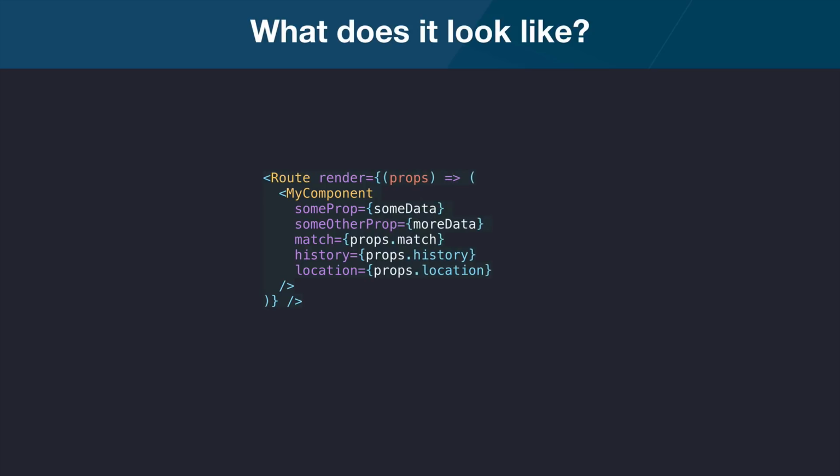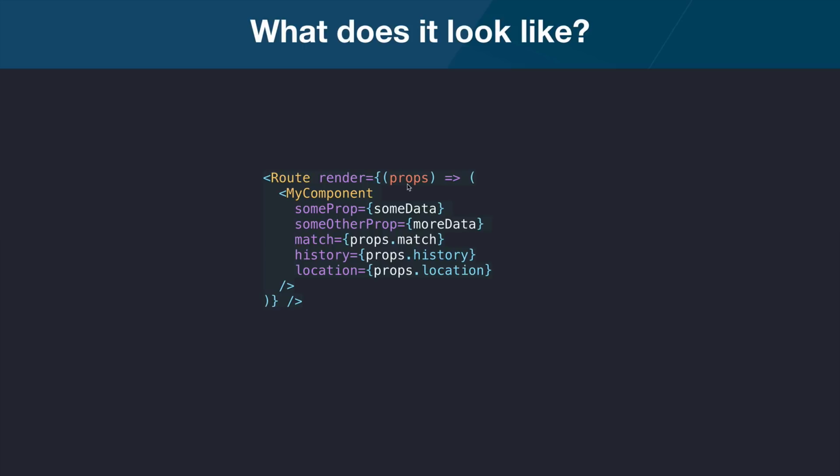So the anonymous function that the render prop will take will receive the props as an argument at some point. Okay? So because of that, we're able to set the match and the history and the location objects from React Router onto our component via props.